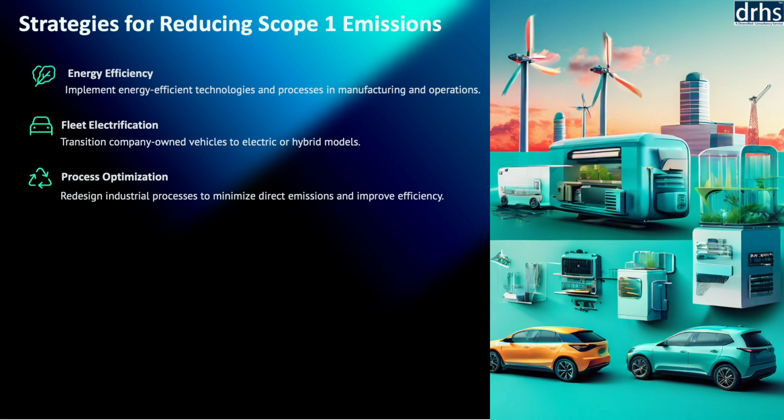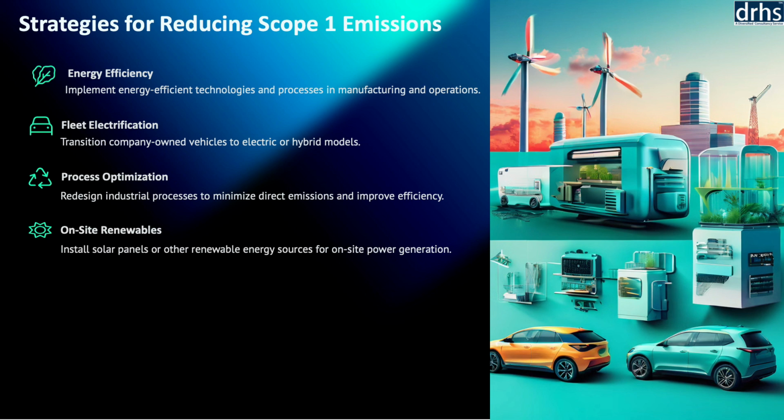For instance, using alternative raw material or adjusting chemical processes can reduce the need for high carbon inputs, thereby lowering emission. The World Resource Institute emphasizes the importance of process optimization in reducing industrial greenhouse gas emission, particularly in energy intensive sector.